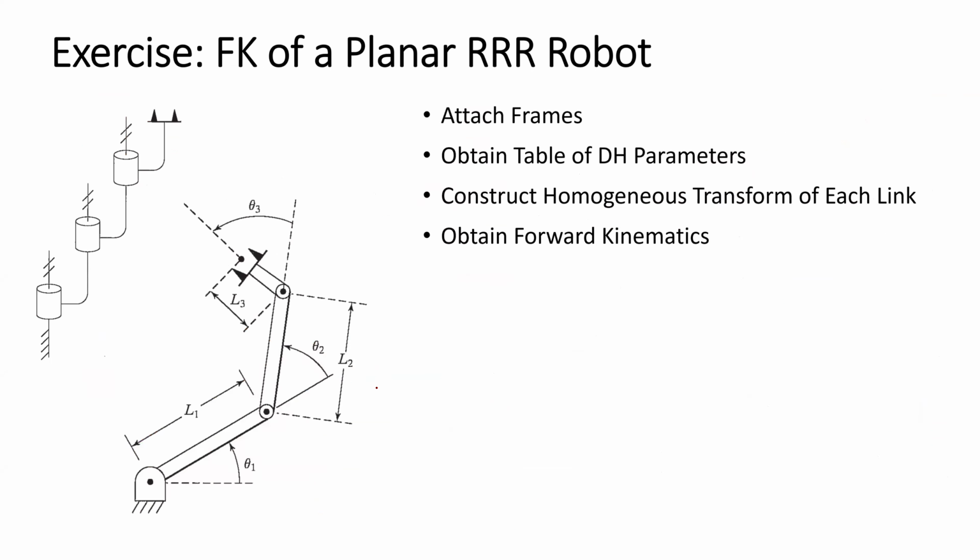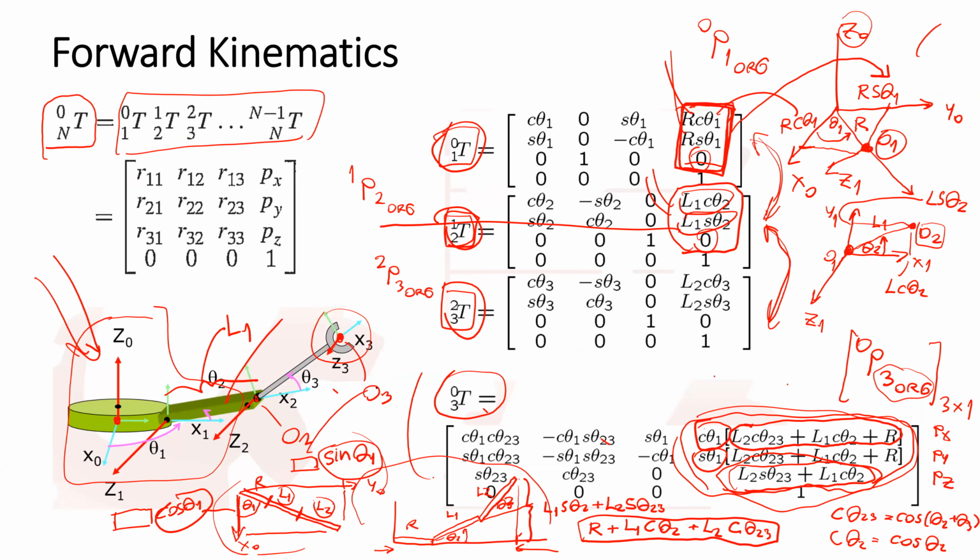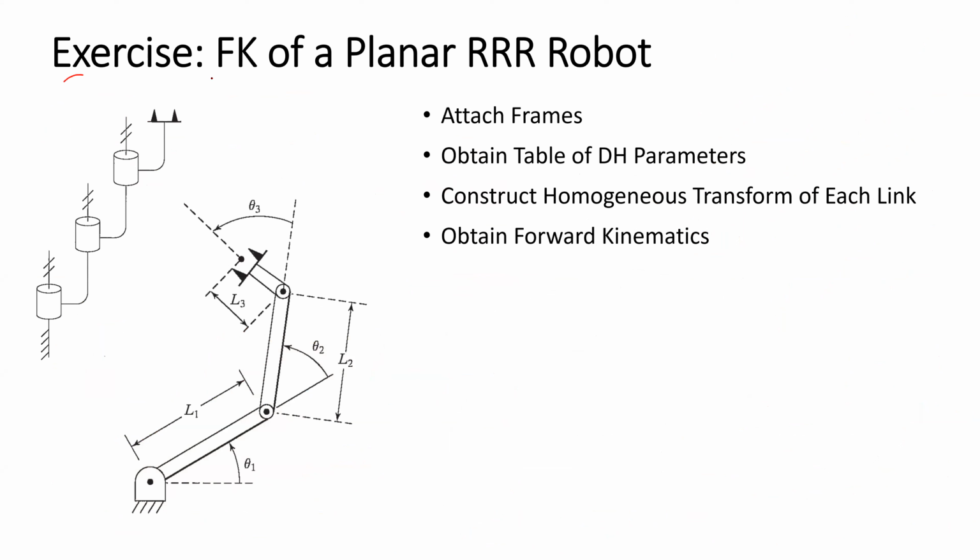So actually, that's almost all for today. This exercise, you will do by yourself, and next week we will look at this and explain it again. The exercise is similar to what we learned in the class. We have a planar robot. It means we have the first joint, second joint, and third joint on a plane.